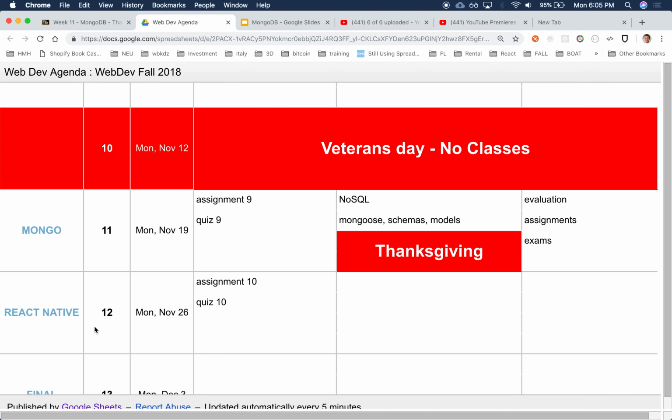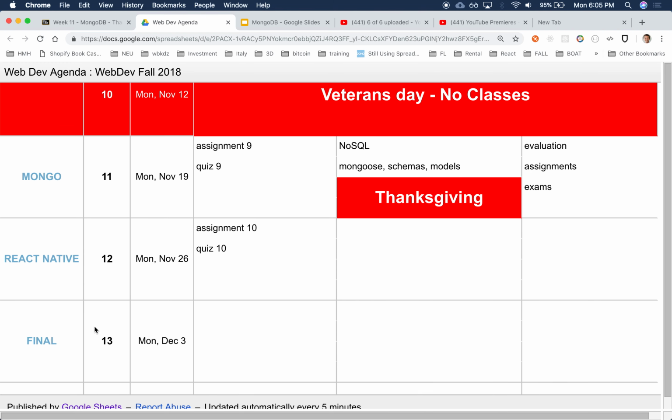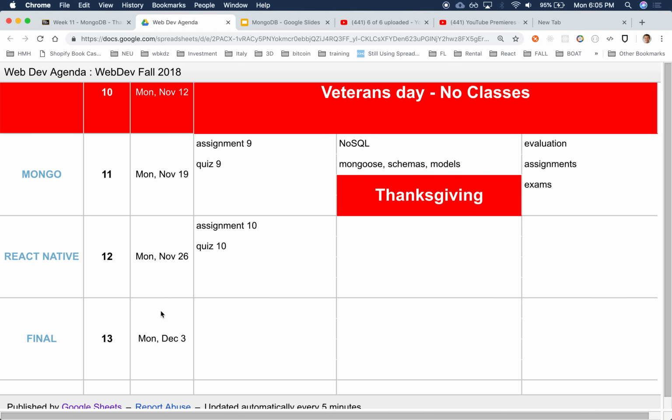Okay. Let's see. For the project, I don't know if I mentioned, what we'll do is you'll be hosting this somewhere in Heroku or AWS, and there'll be a form that you need to fill out where you explain the use cases you're using for validating that you met the requirements.